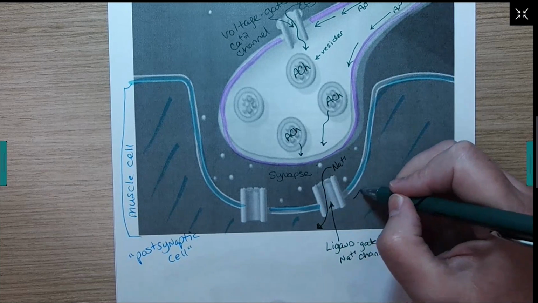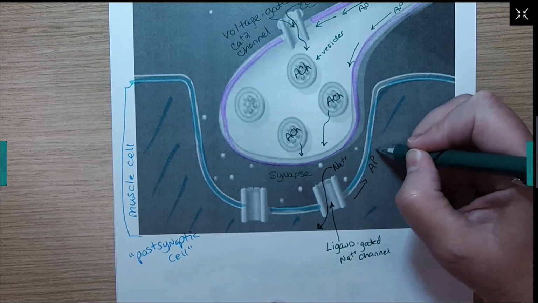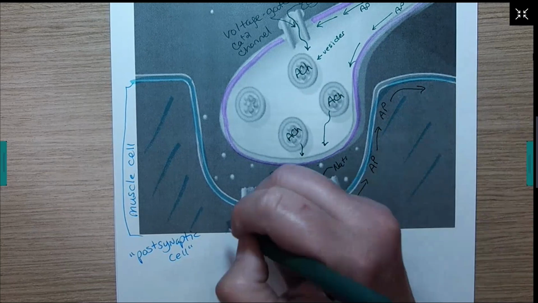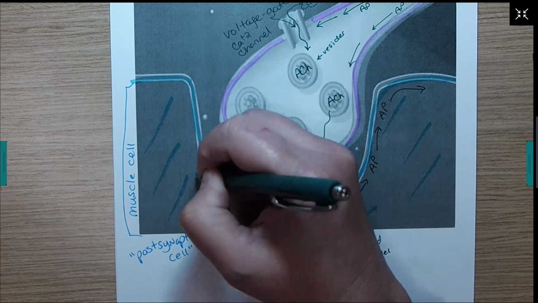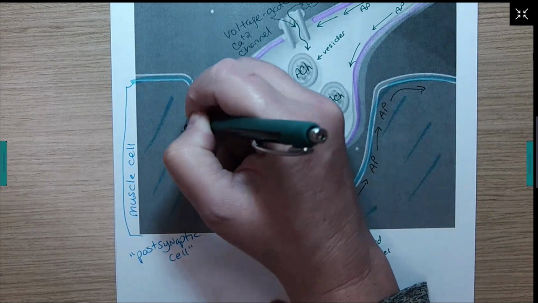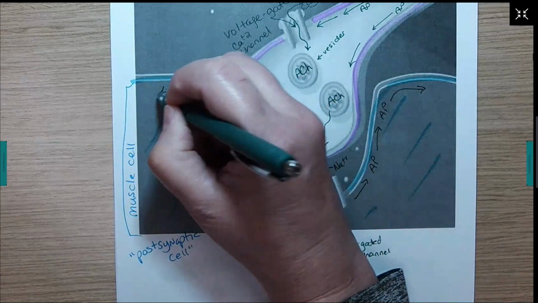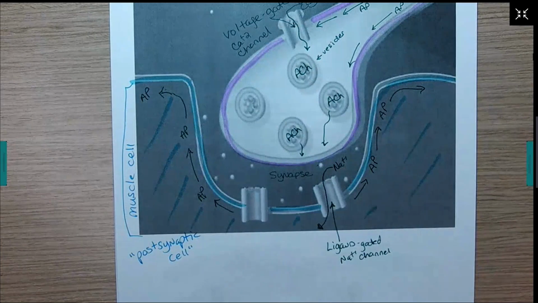That's going to depolarize the muscle cell, reestablishing the action potential. Again, sound familiar? It should. This was the answer to your essay question on the previous test. Okay, so that's just review.